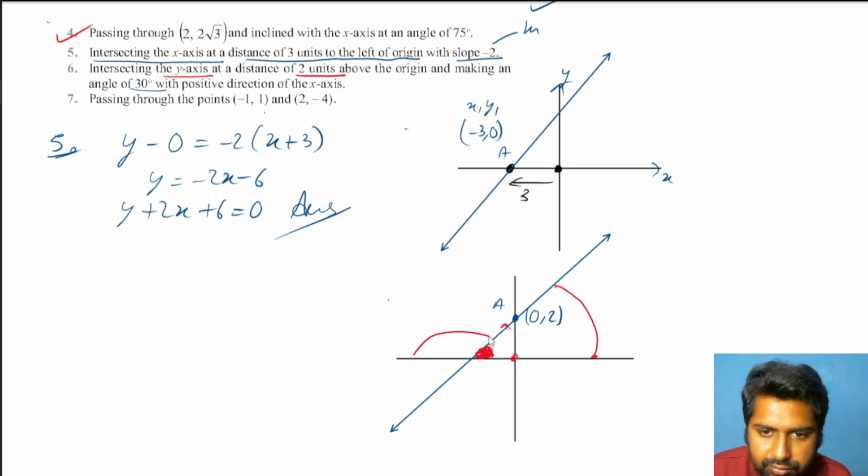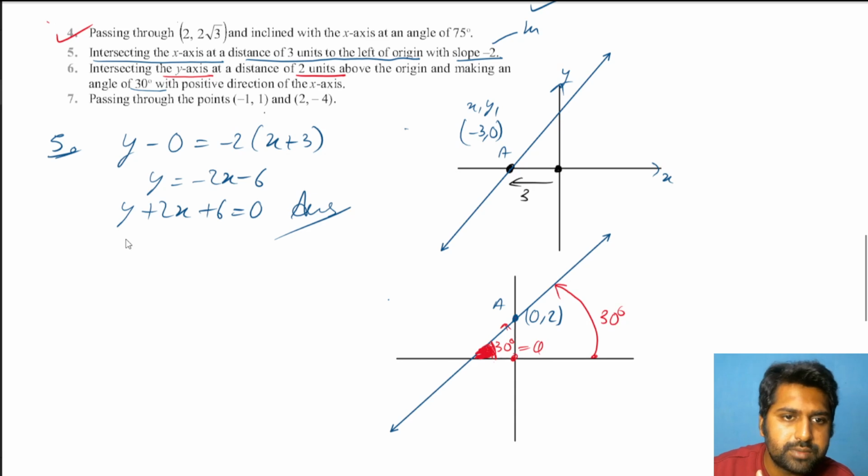I'm not measuring angle from this side. That's measuring with negative x-axis. This will not be considered as a negative x-axis. Okay, measurement of angle wise. So this angle, although it is somehow looking like it is being measured with negative x-axis, but it's not, because I told you this angle is 30 degree as per the question. So this angle 30. So same thing, it is still our theta.